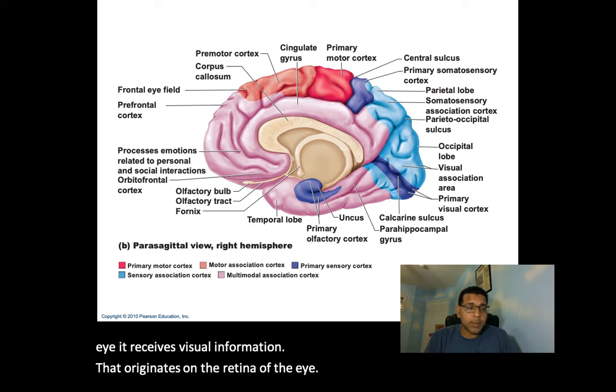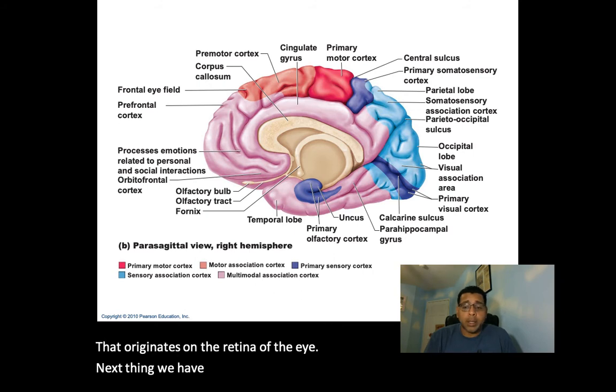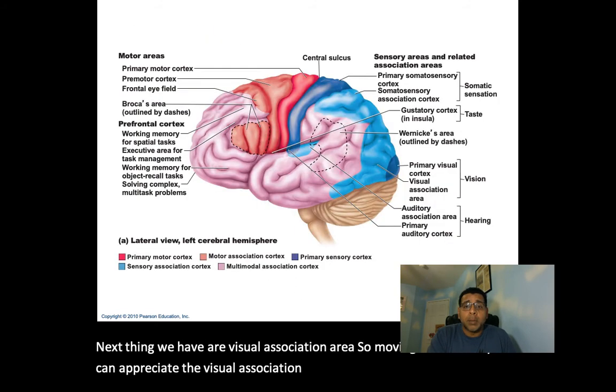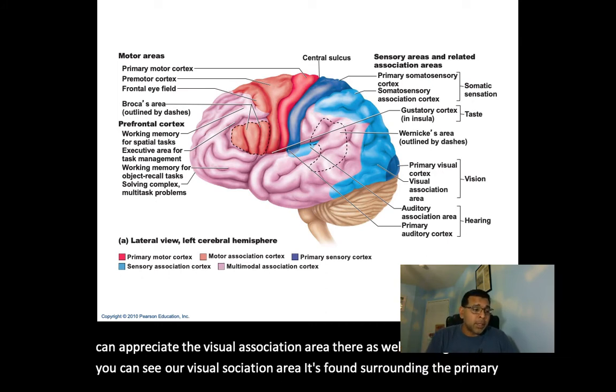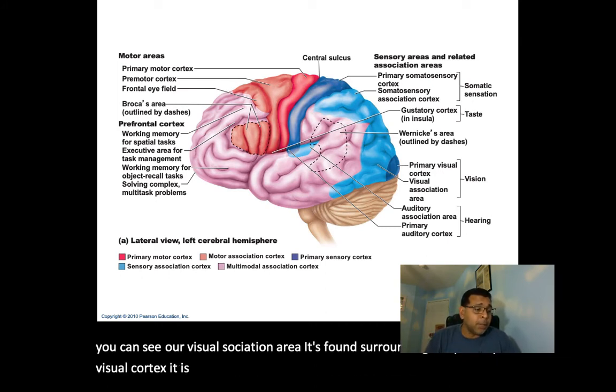Next, then we have our visual association area. Moving back out, you can appreciate the visual association area there as well. It's found surrounding the primary visual cortex and covers most of that occipital lobe, as you can see.